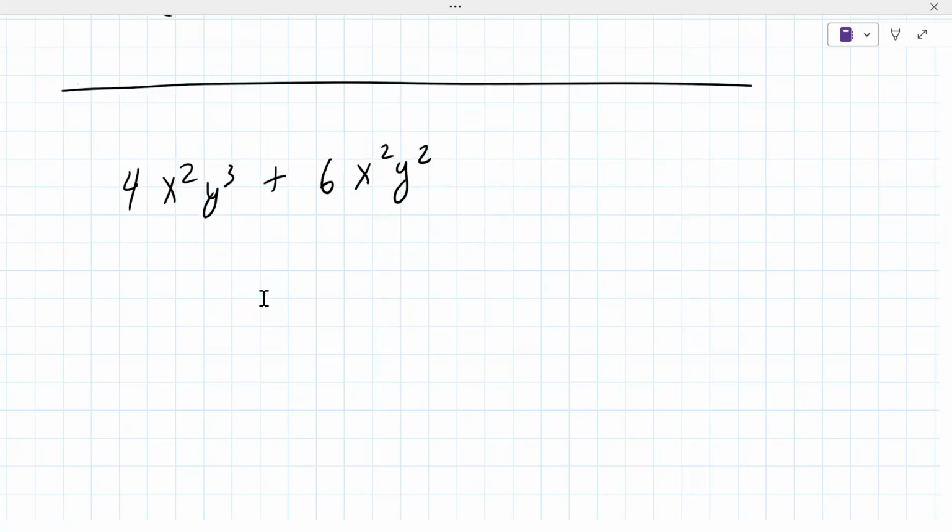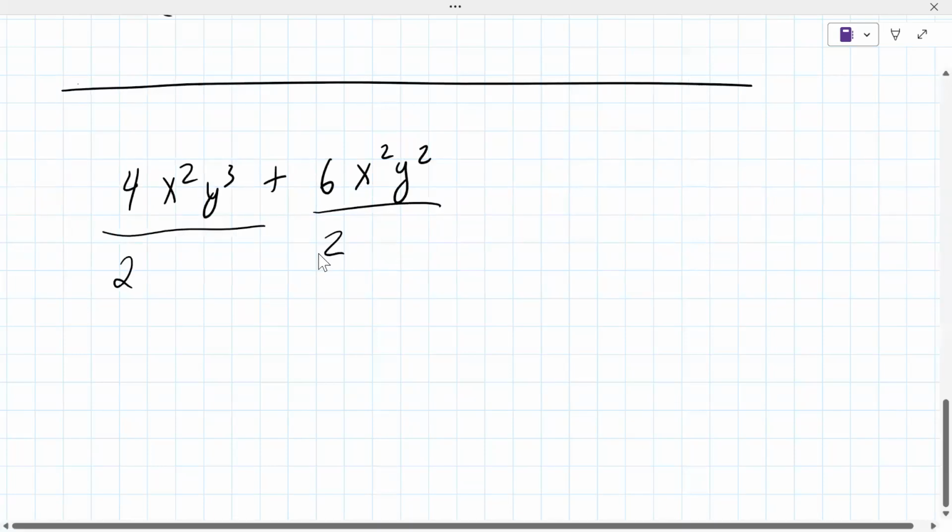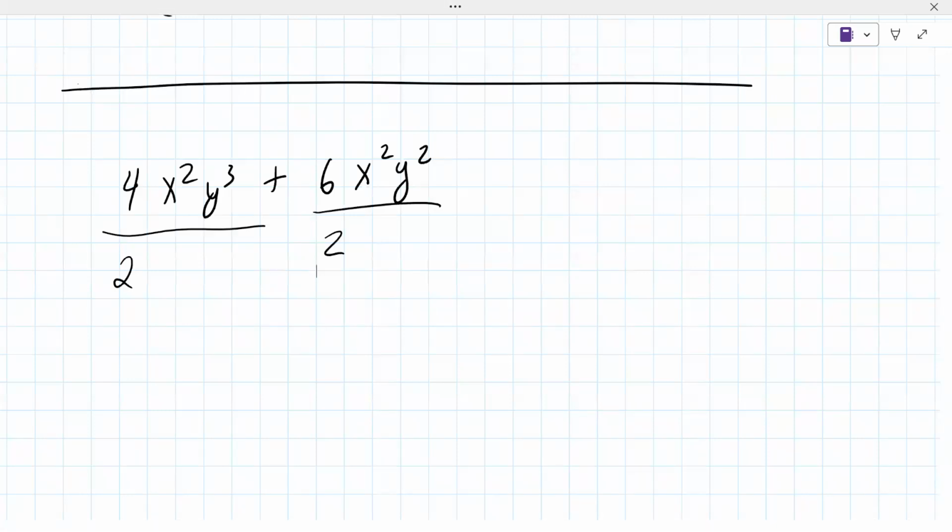All right, so it's the same process. Look at the numbers first. What's common between them? What goes into both? 2. Okay. So you're going to divide both of them by 2. Now look at the variables. Look at the x. Which is the smaller exponent?